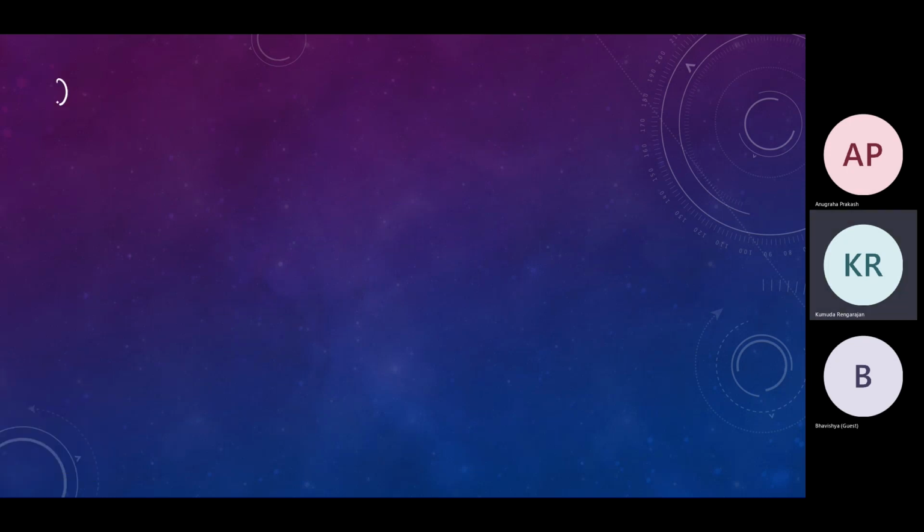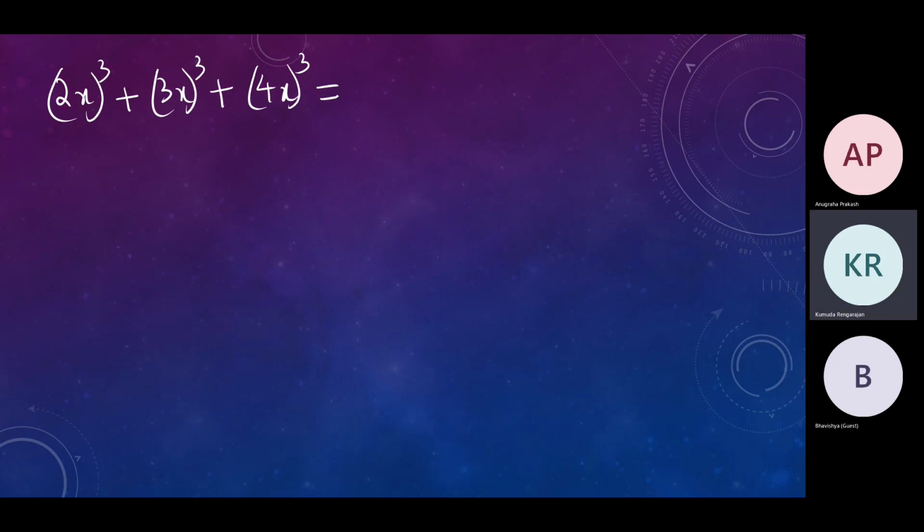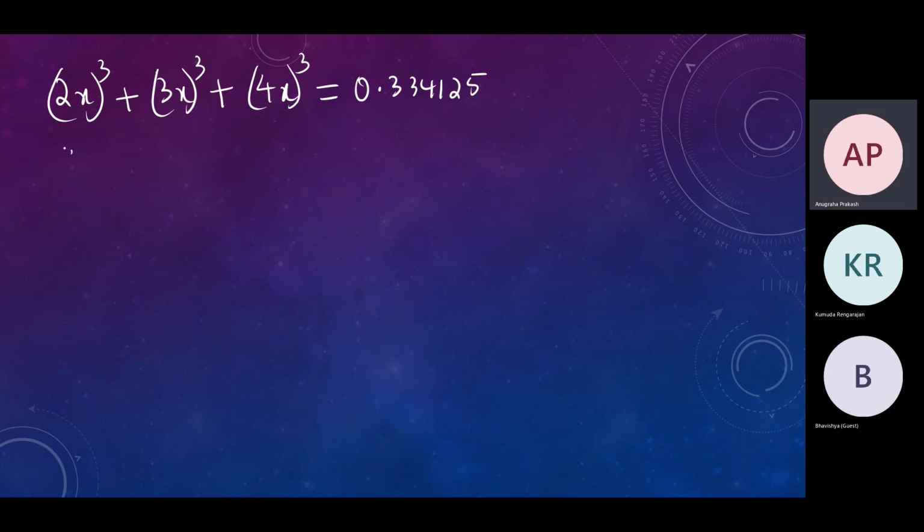So the numbers are 2x, 3x, and 4x. Their cubes are these, and the sum of their cubes, meaning you need to add, is equal to 0.334125. So Anugraha, what is 2x the whole cubed? 8x cubed, ma'am.